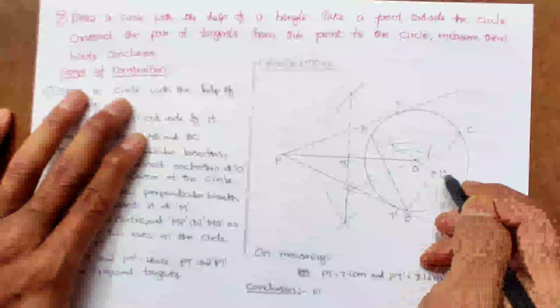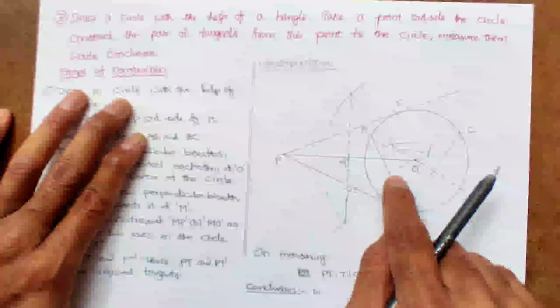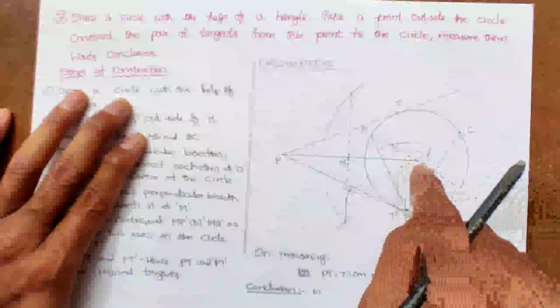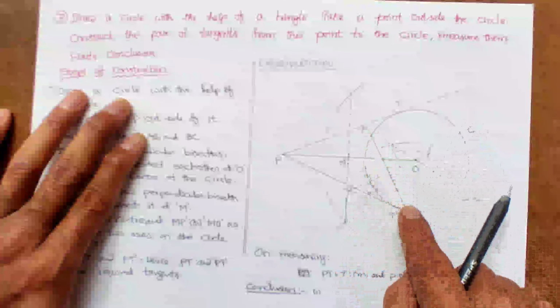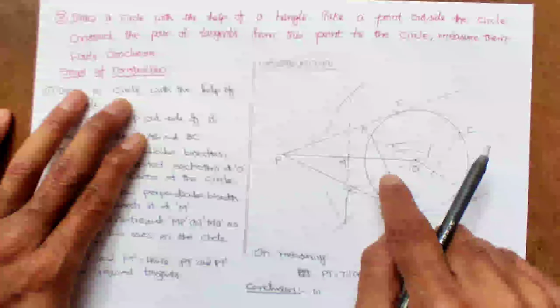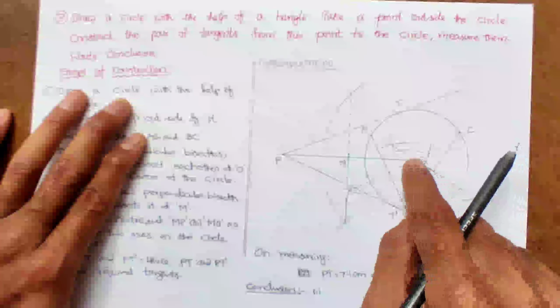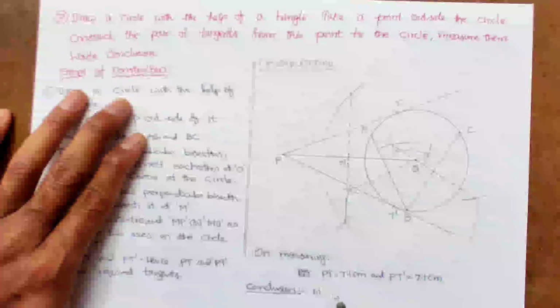If it is the midpoint and that line is perpendicular at 90 degrees, then they both intersect at O. In other words, the perpendicular drawn from the center bisects the chord, and the perpendicular line through the midpoint of the chord passes through the center O. So we can write that by bisecting AB and BC we get the center O.